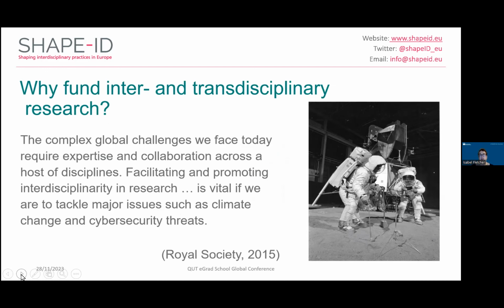So, why fund inter and transdisciplinary research? Why do it? Why has it got such a high profile? And why do we as researchers and universities want to undertake it? Partly because it is seen as the way of solving complex global challenges, as this quote from the Royal Society illustrates.